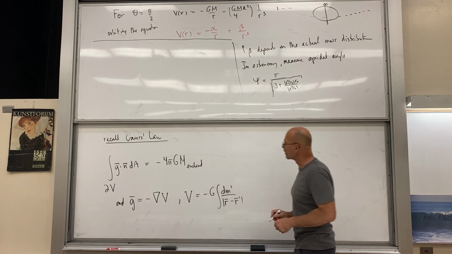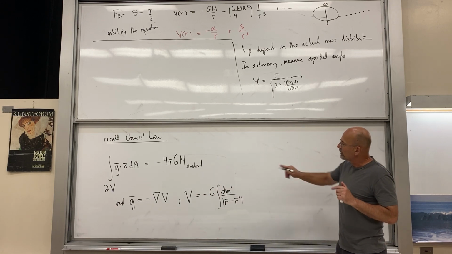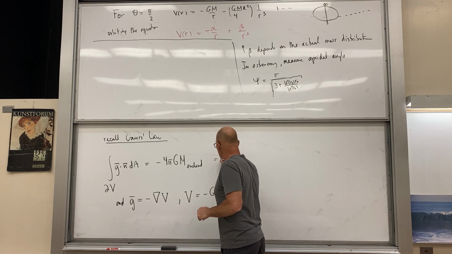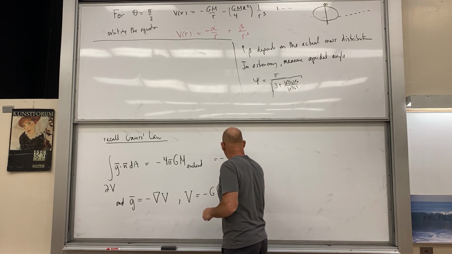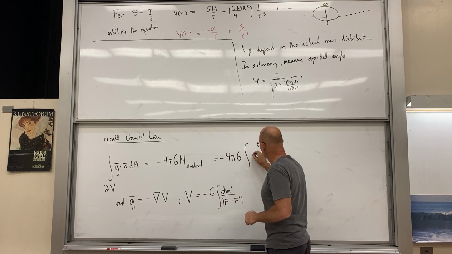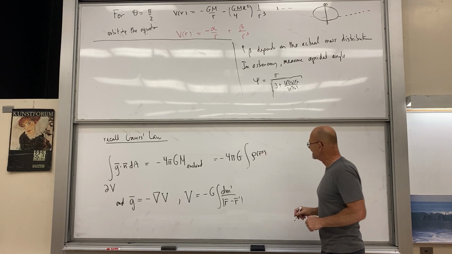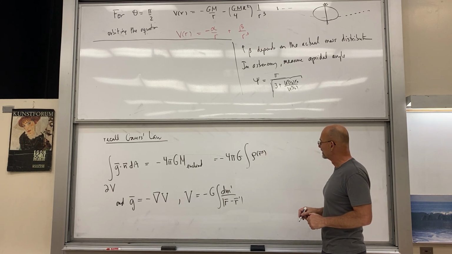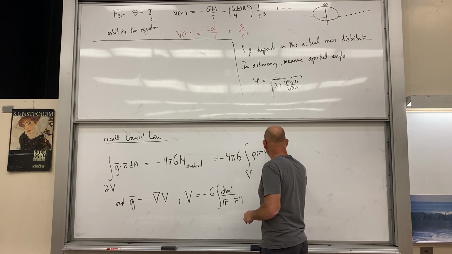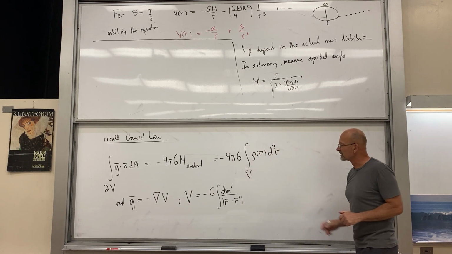Okay, so that's what we've been working with. What we're going to do is go ahead and work on this a little more. We've got minus 4 pi G integral density of r d volume over the volume. I'll use d3r, that's a volume element.